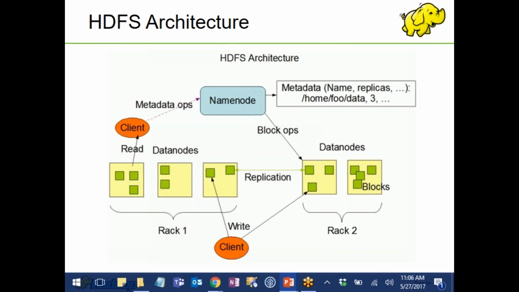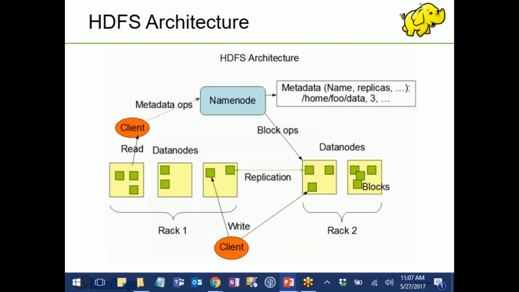If computer 1 fails, say some network failure or process failure happens, it does not stop your data processing, because you are processing huge data, right? If you are copying from one hard disk to another hard disk and in between there is a power shutdown, you need to recopy the entire thing, right? But if you are processing 10 terabytes of data and at 1 terabyte a computer fails, you do not have to start again from the beginning.